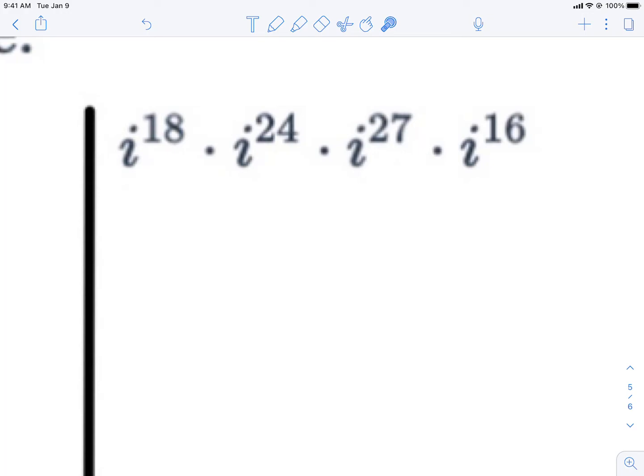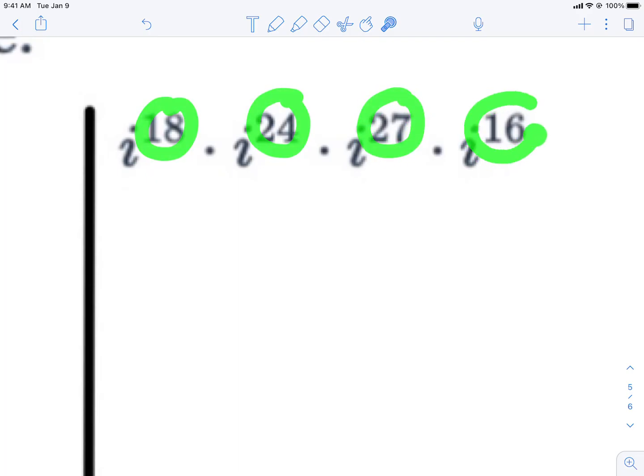Remember, let's use our calculator. So here I have 4 different i's. They're all I. So that means that I can add 18 plus 24 plus 27 plus 16.